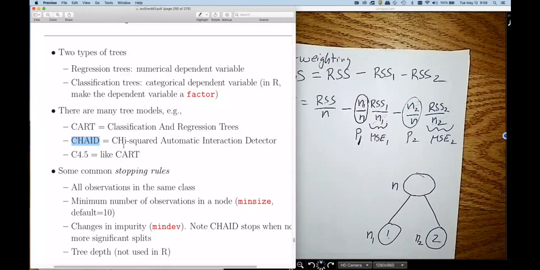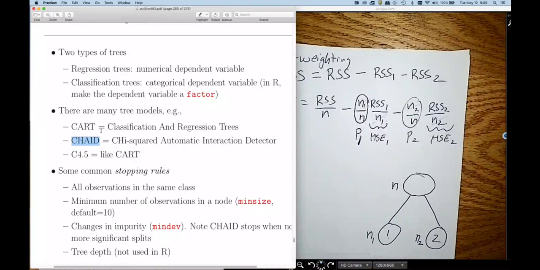CHAID turns out to be not that great of a method for prediction accuracy. So it has a couple problems. Number one, it fragments the data too quickly because it doesn't restrict itself to binary splits. Number two is it's very conservative in the way it grows the tree.